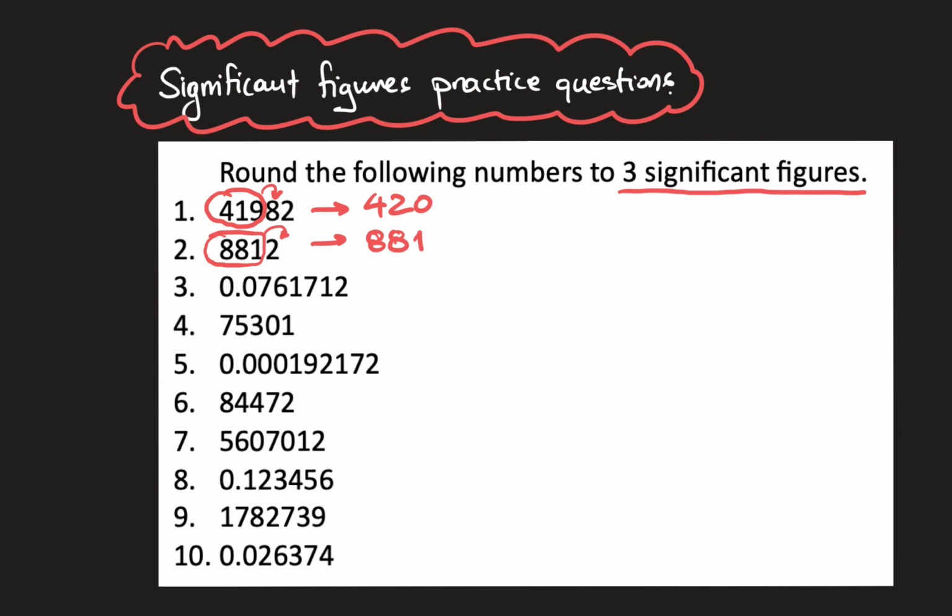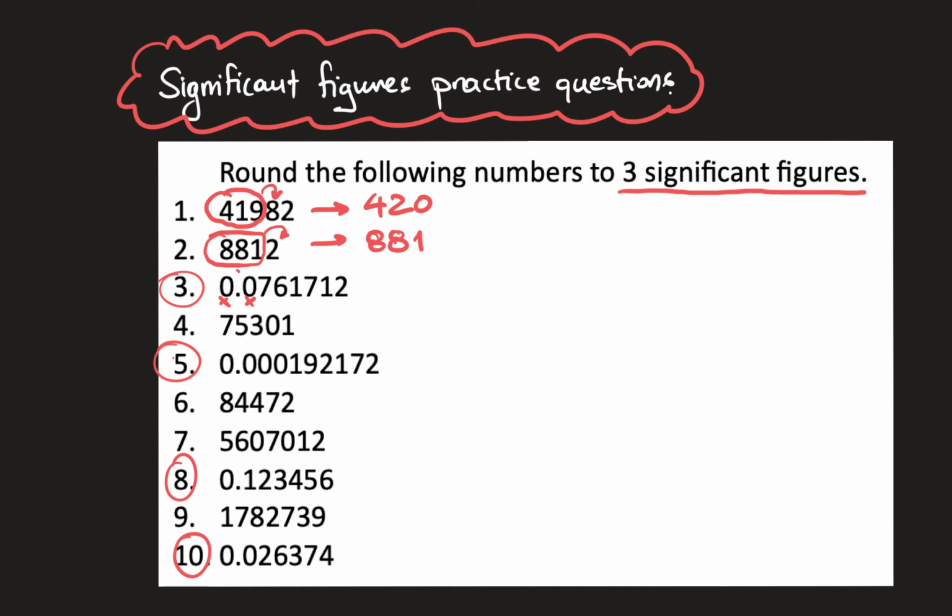Now, zeros at the front do not count as significant figures, and these are the cases like question 3 and question 5 and question 8, where you have a 0 at the front, and question 10 actually. So the first 0 does not count as a significant figure, and the second 0 does not count as a significant figure either.